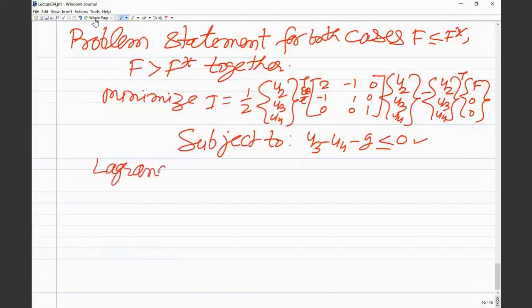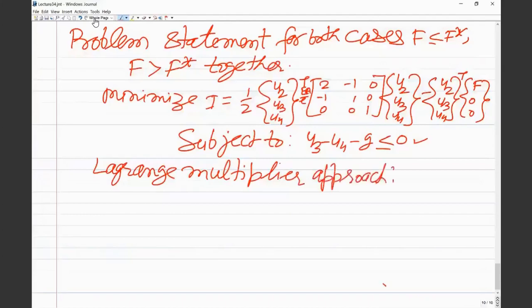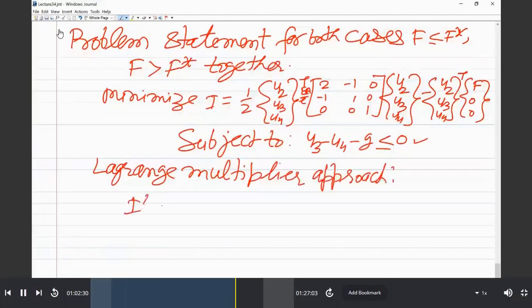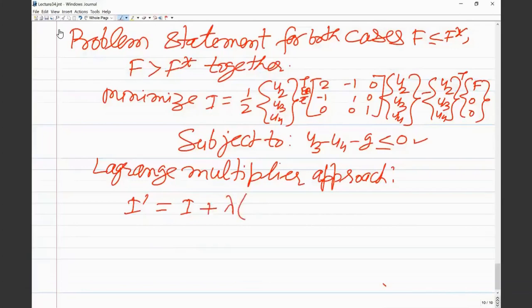So when we want to use this Lagrange multiplier approach, again we construct the modified total potential energy functional, which would be I plus Lagrange multiplier lambda times, but we convert this inequality constraint into an equality constraint by introducing a slack variable.